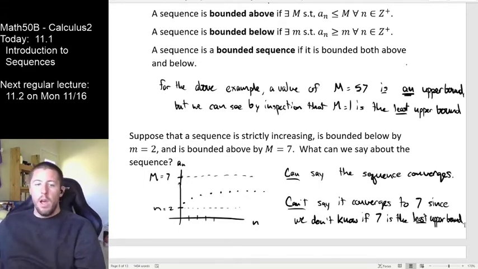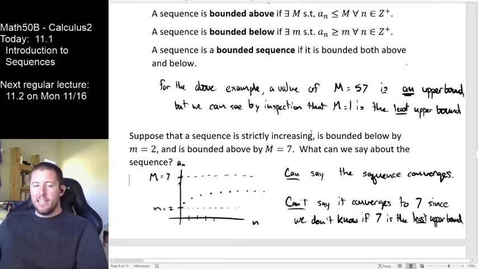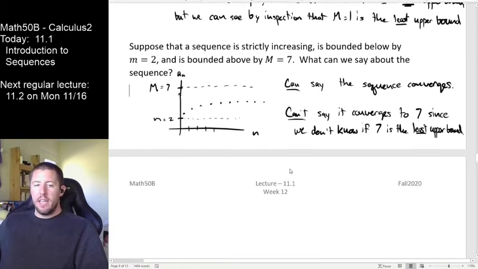Right. So just kind of remember, when we say something's bounded by something, we're not necessarily saying it's the edge. We're just saying it's the bound. I think of the edge as like the least upper bound or the greatest lower bound. Those are special in a sense right there. So we can say that it converges.